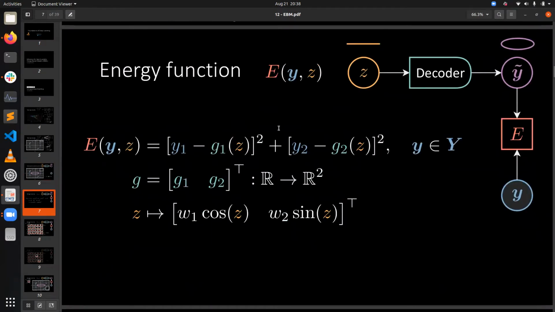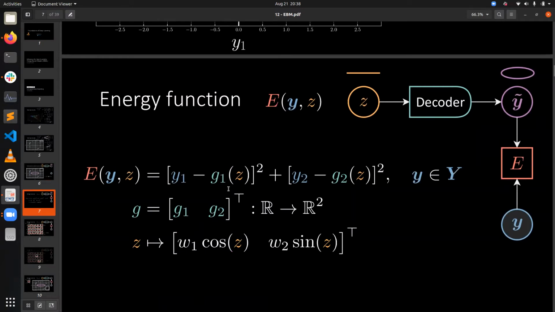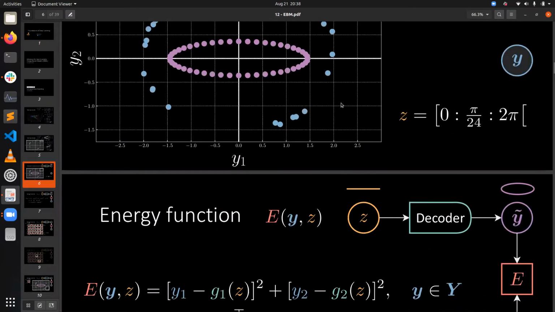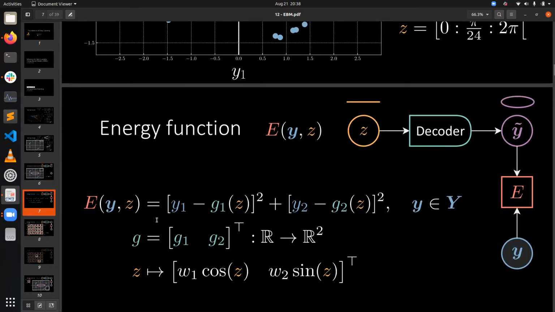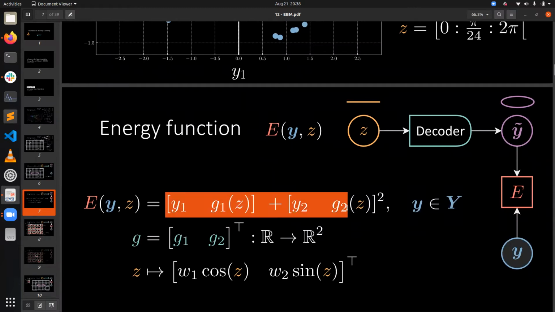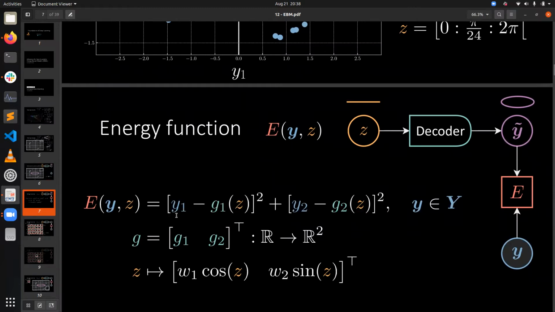And this is the energy function. The energy function of any point y is basically its distance from the model manifold, right? And so this is what it looks like. This is the Euclidean distance basically. Y1 minus this, this is the point on the manifold, and any point on the manifold is just a function of z, right?